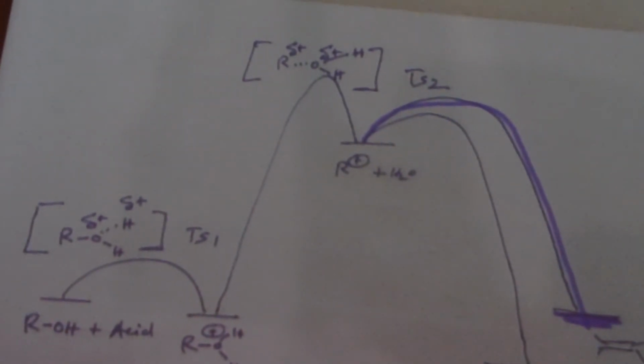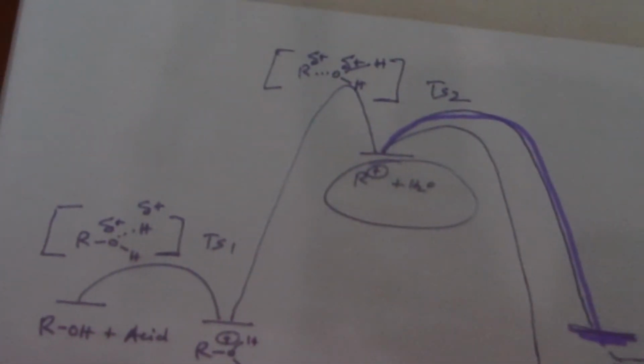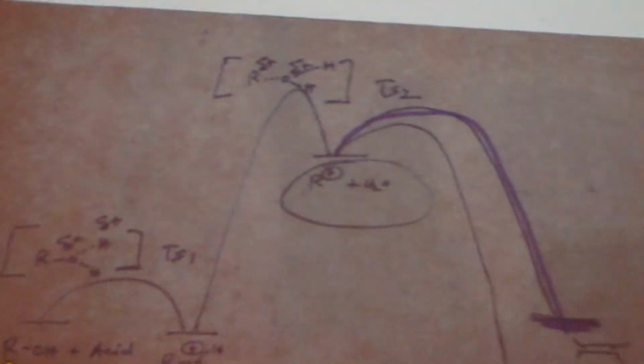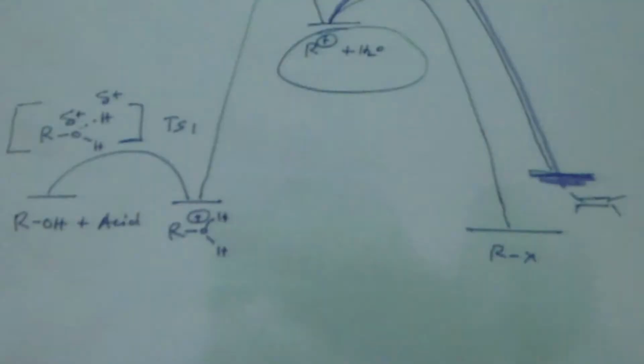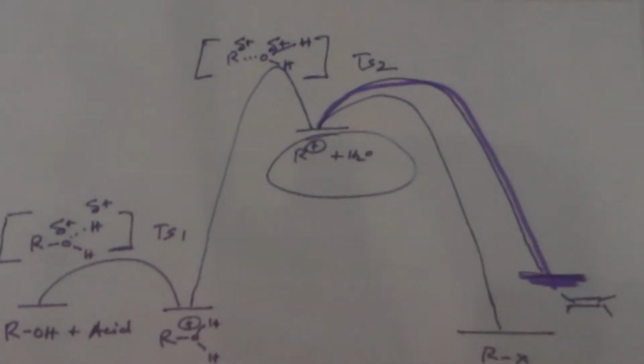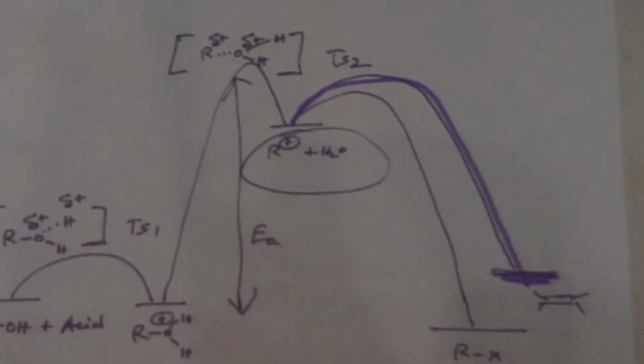So both of them go through the same intermediate, but then one goes to the alkene, the other one goes to the substitution product. So that's the summary of the energetics, and obviously this is the rate-determining step because the energy of activation is highest here. This one is small, and this one is also small.